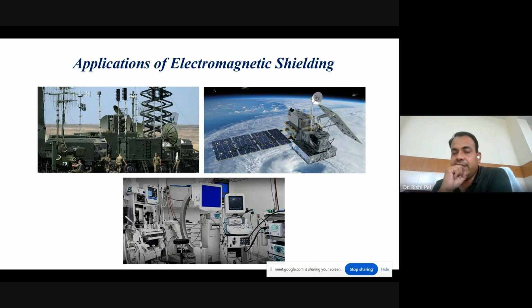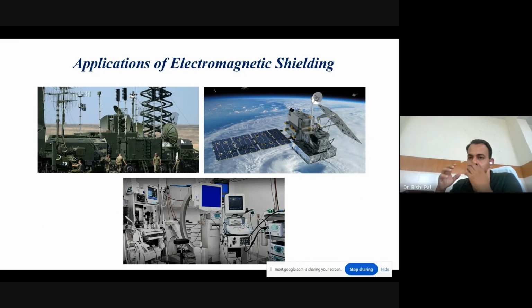Why electromagnetic shielding? Because it is a very important application in the field of medical science, satellites, and the army. We can understand this: when a radar sends a signal to our aeroplane, we absorb this signal.